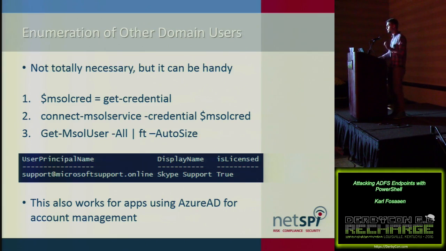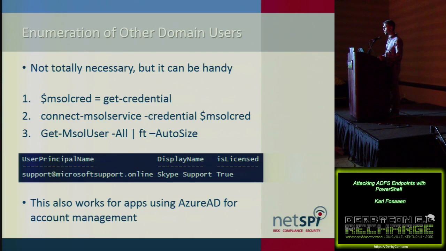So if there's any application testers in the room, or primarily application testers, this would be a good takeaway for you. If the application, either a web app or a thick client app, is using Azure Active Directory for its authentication, make sure that you're using your creds for the app to connect to the MSOL service online, because you can just list out all of the other users in the application typically.